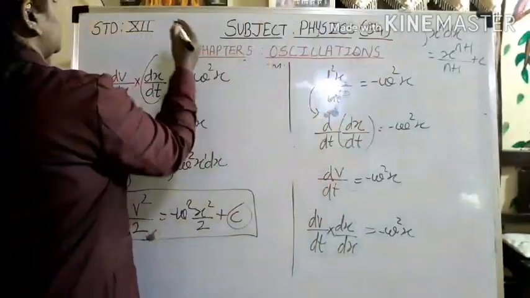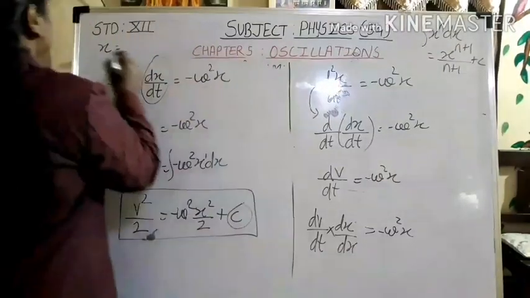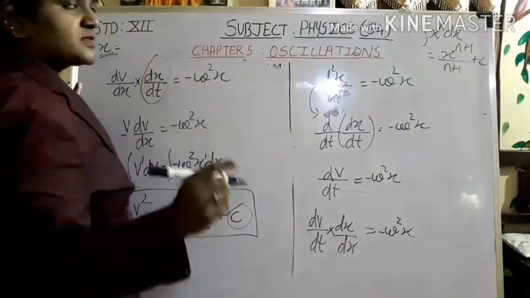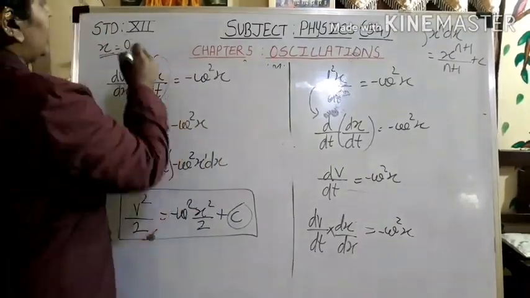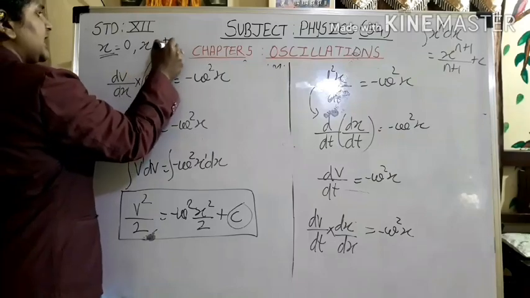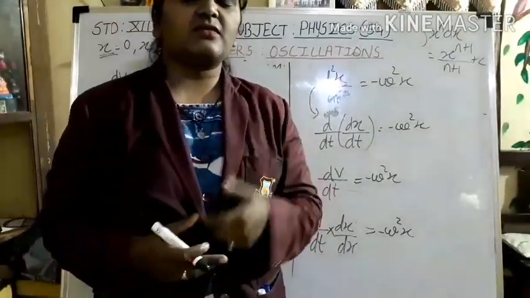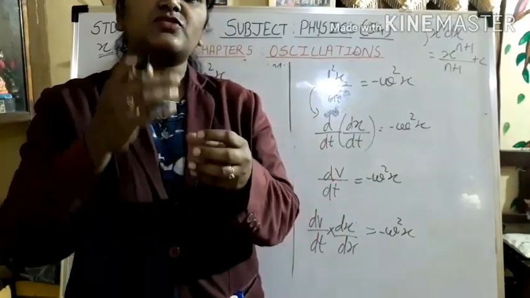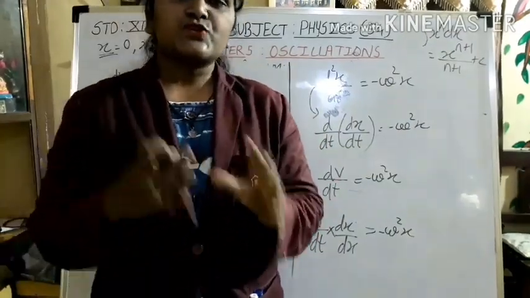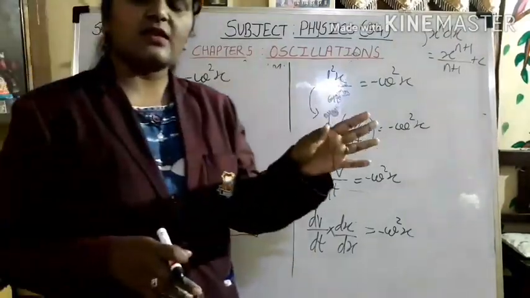I will just tell you, for the extremity and for the mean position, we are going to take values for x. For mean position x will be 0, and for extreme position x will be either plus or minus a. A denotes the maximum distance traveled by that particular object. So extreme values means x is either plus a or minus a.